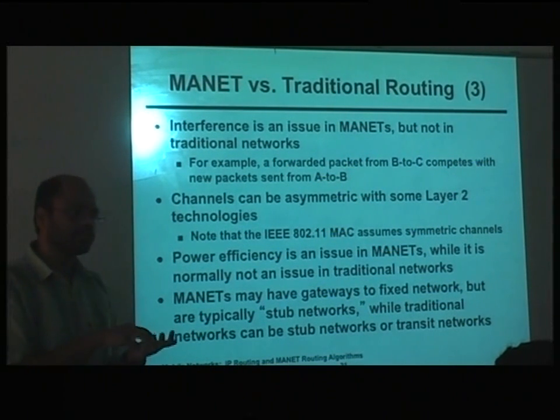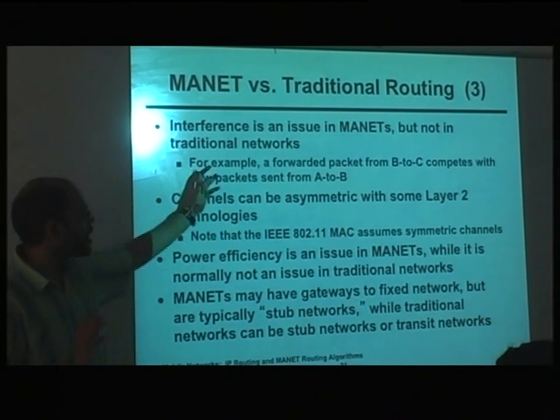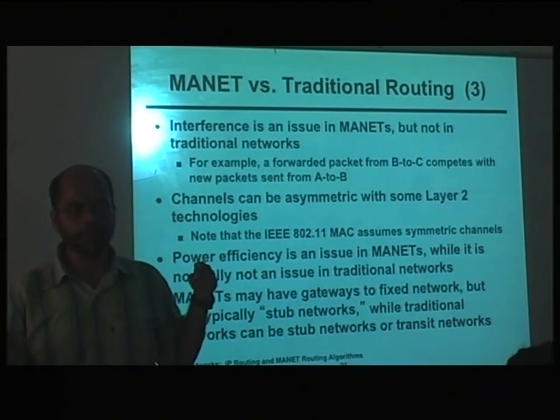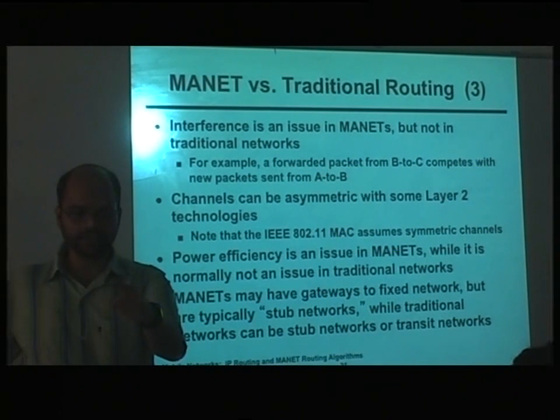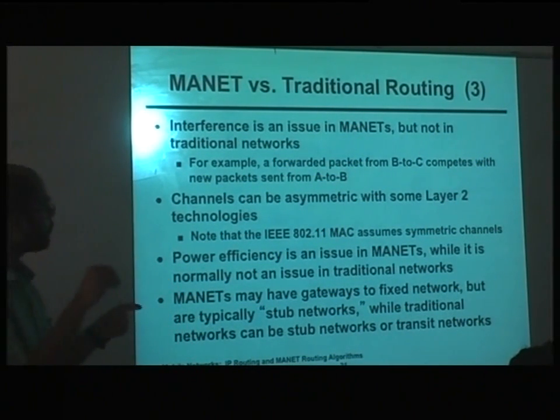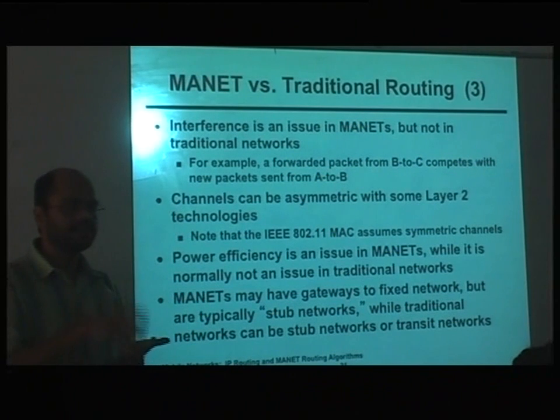In a wired network, you don't have interference. In wireless, that's the common case. You will always have interference. If you find a route which is sending packets in this direction, and another one is sending packets in this direction, they will cross each other at one location and there will be interference. So when you're finding the routes, you will have to think more now.